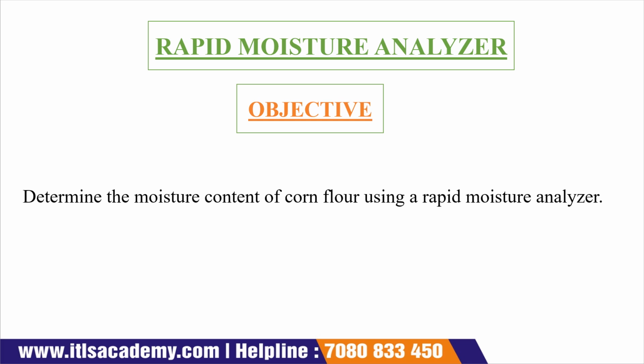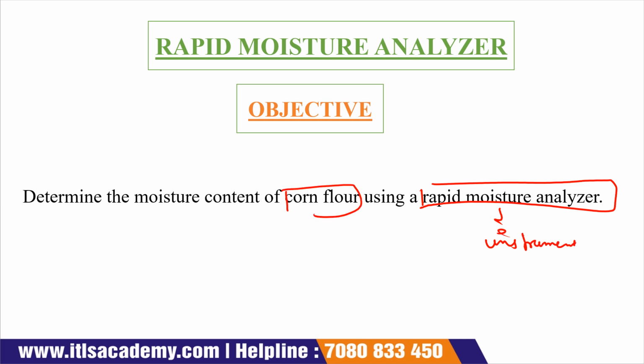The rapid moisture analyzer is the instrument, and this corn flour is the sample. So we use this rapid moisture analyzer to determine the moisture content present in corn flour, which is our sample.